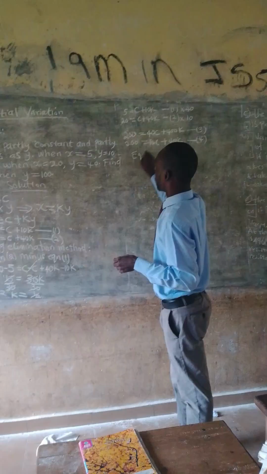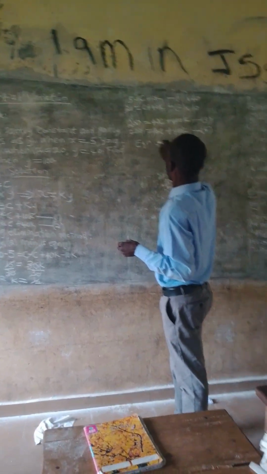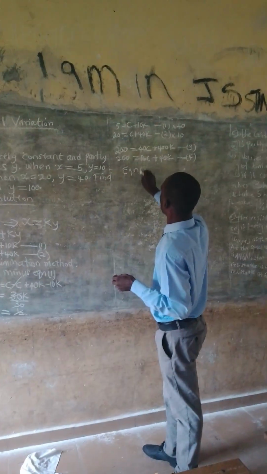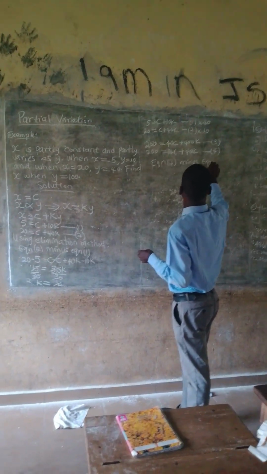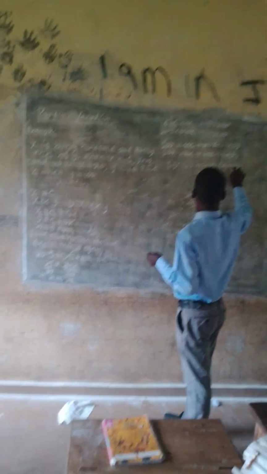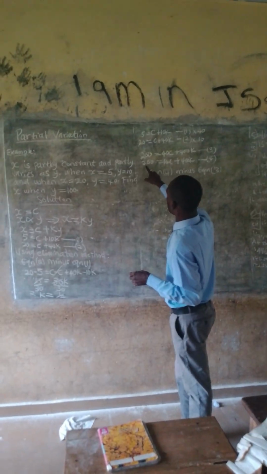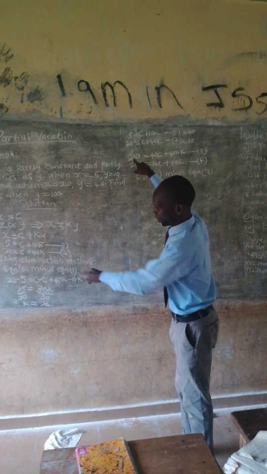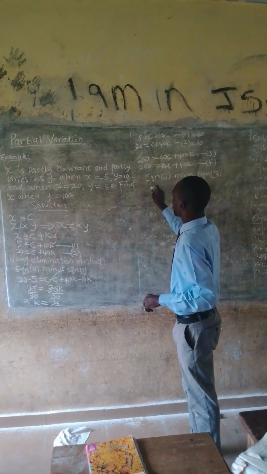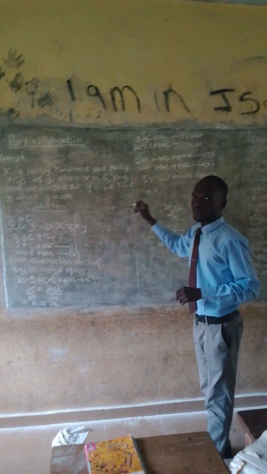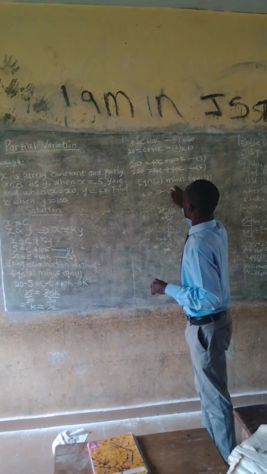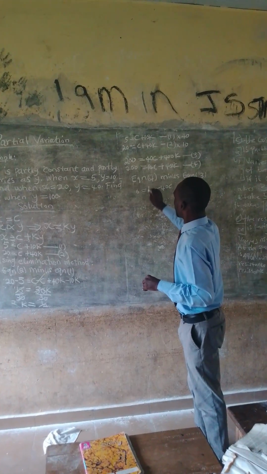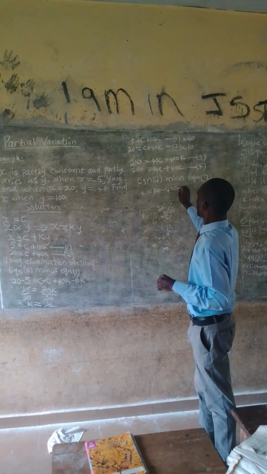So we now say equation 4 minus equation 3. So this minus this, just the same way we did the other one, gives us 0. 10c minus 40c.